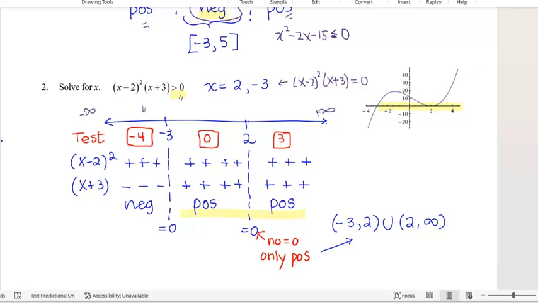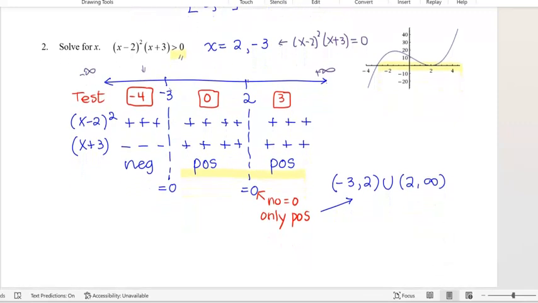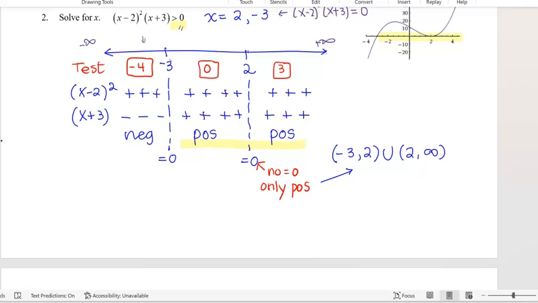Since it doesn't have the underline, that means it's an open interval, not including these two boundary points, so I'm using open parentheses.